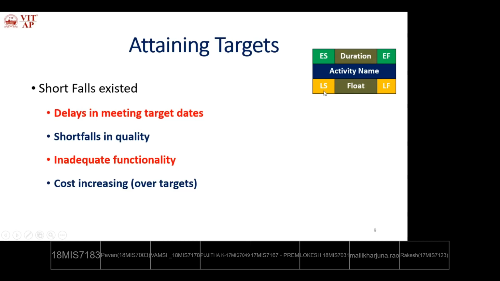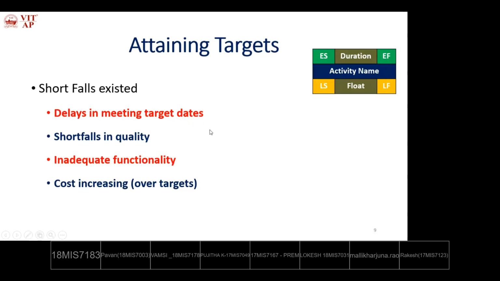If the activity is started by this time, what is the latest finish time? This is the maximum time that we can spend on this activity, not the project, on this activity. These situations generally happen when critical activities exist. If any critical activities exist, it's not easy to achieve the targets, so we try to find those. So shortfalls exist, delays in meeting target dates.